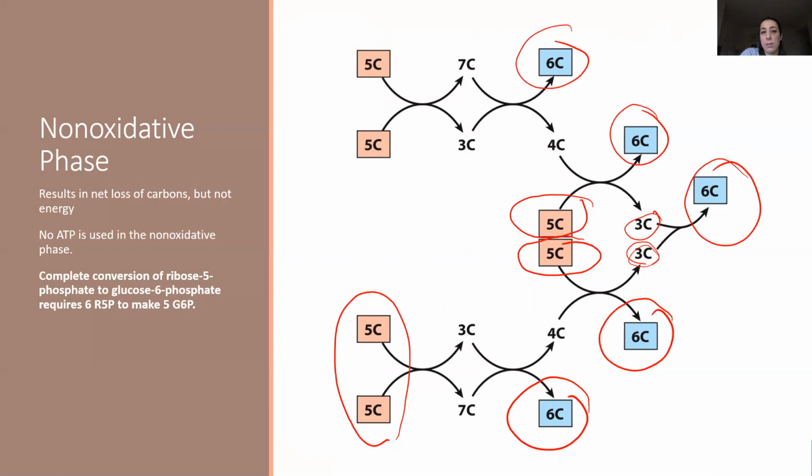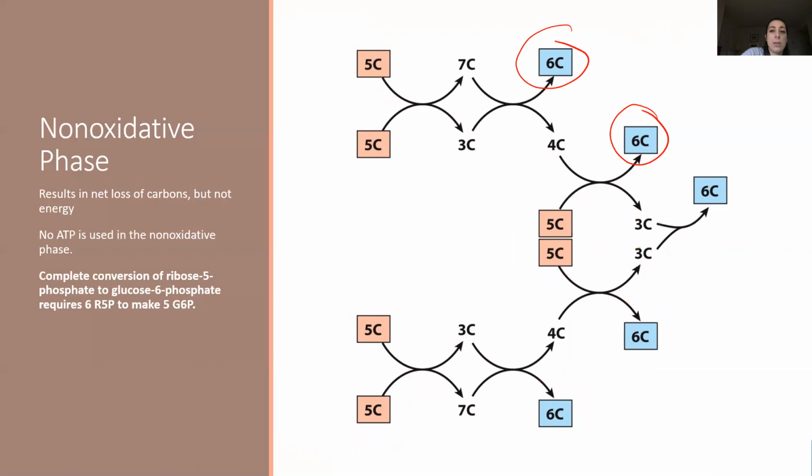So overall, this is where we're getting our 6 5-carbon molecules to ultimately generate 5 6-carbon molecules to fully do a non-oxidative phase of the pentose 5-phosphate pathway.